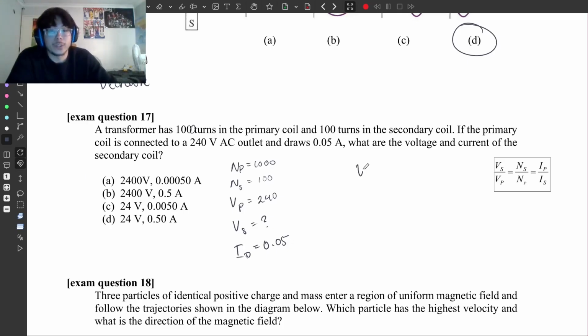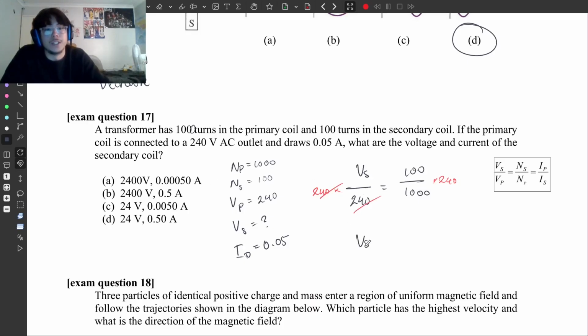So we have our first equation. We'll do the first half here. Vs over Vp, which is this value here, 240, is equal to Ns over Np, so 100 over 1000. Now what we do is we just times both sides by 240 and that cancels. So then we get Vs is equal to, well, these zeros cancel, 1 on 10 times 240, which is just going to be 24 volts.